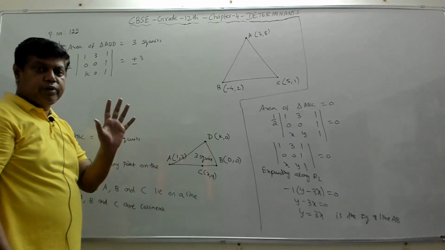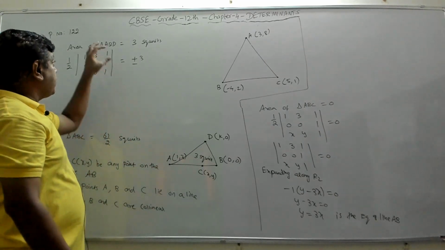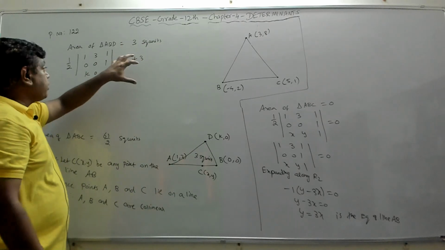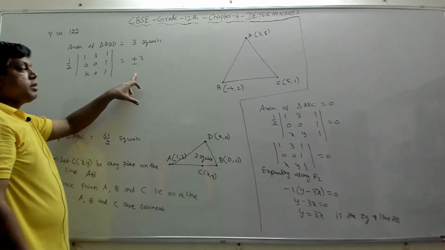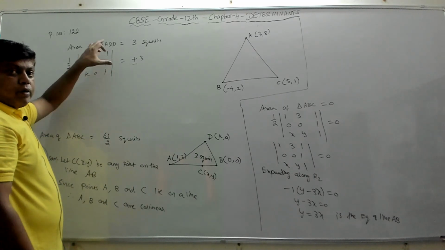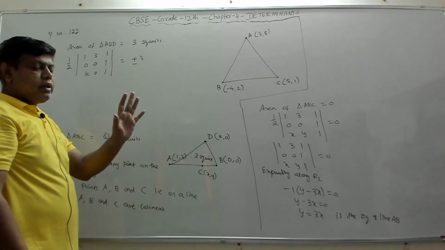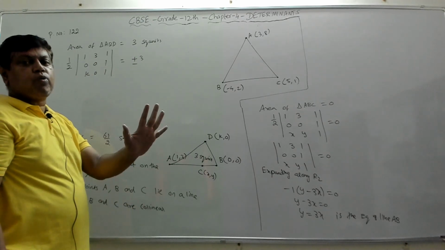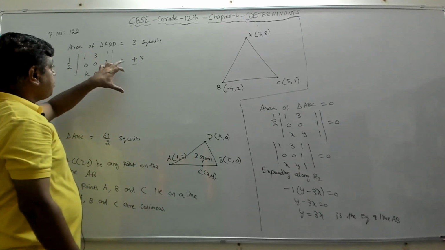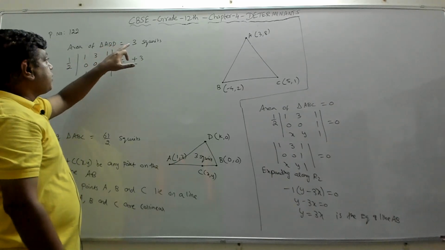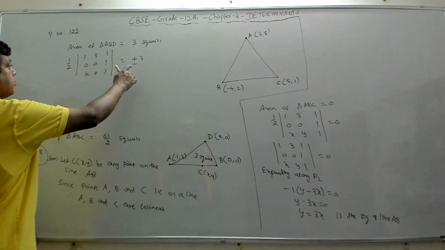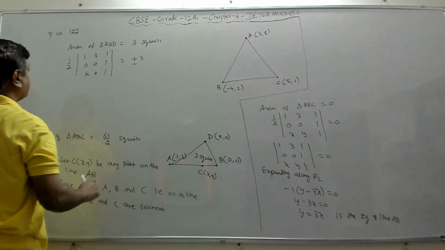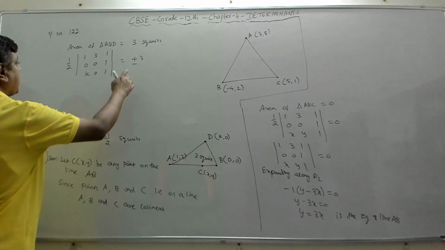We will ignore the sign and take only the absolute value. So if the area of the triangle is given as 3 square units, then the determinant value will be equal to plus or minus 3. It could be either plus 3 or minus 3, because this can be negative also. But we will write the area always in positive. So whenever the area is given as 5 square units, then the determinant value will be equal to plus or minus 5. If it is 3 square units, then the determinant value will be equal to plus or minus 3. So this is a very careful point that we need to remember.